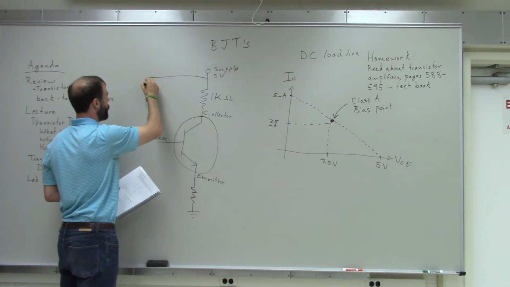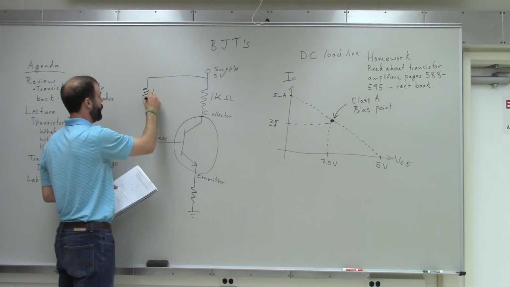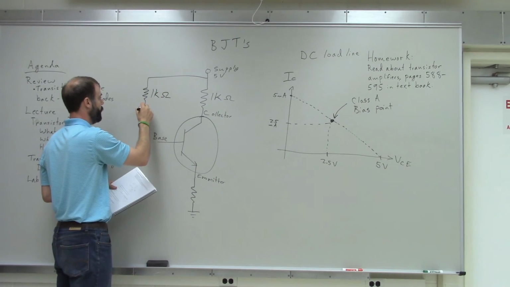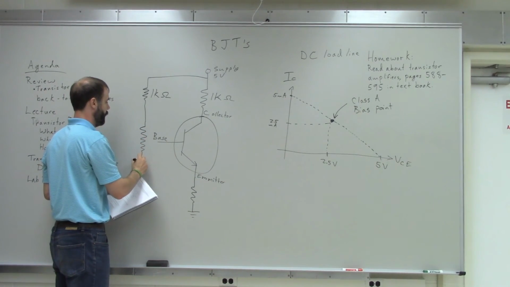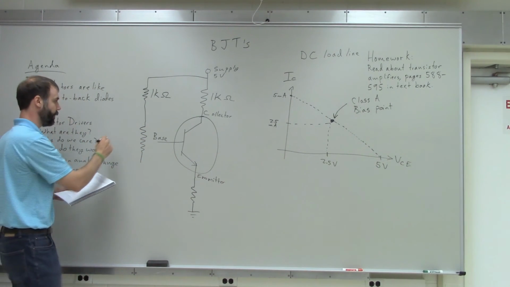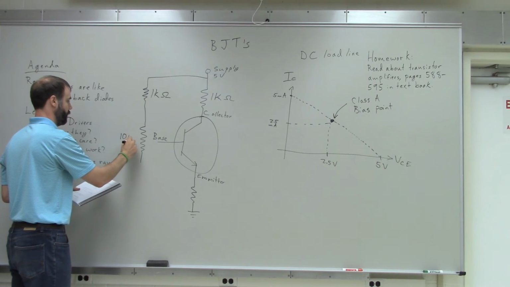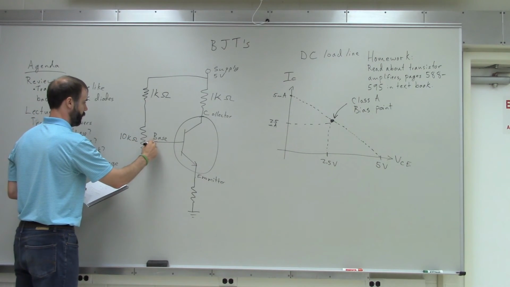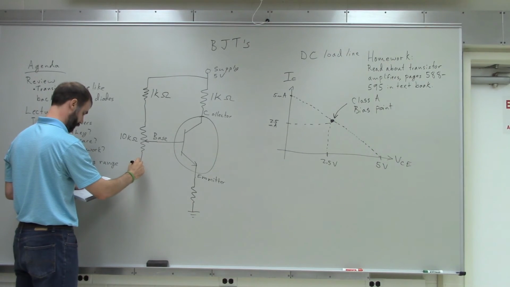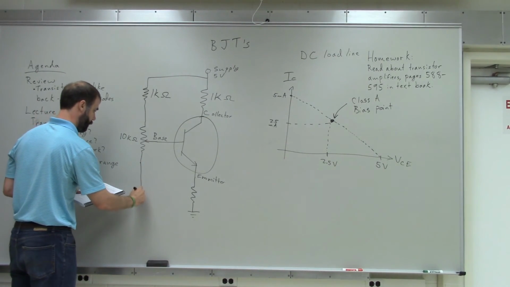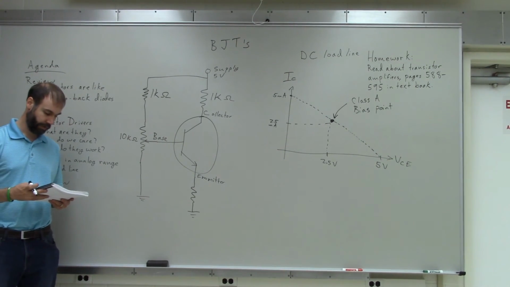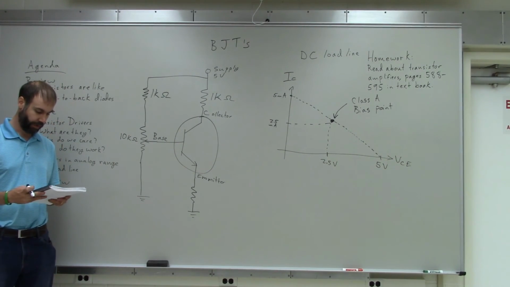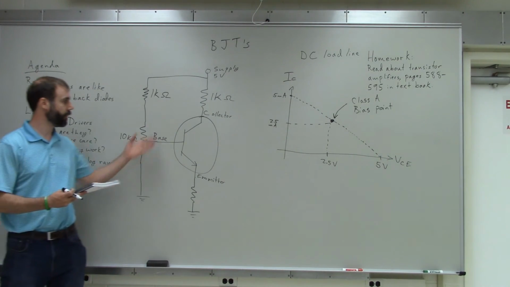So you've got a 1 kilo ohm resistor here, and then you've got a 10 kilo ohm potentiometer. So you're going to set up this circuit.